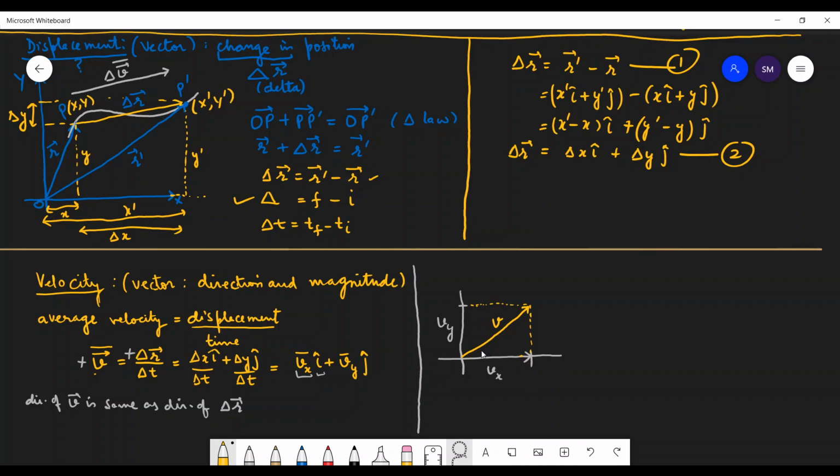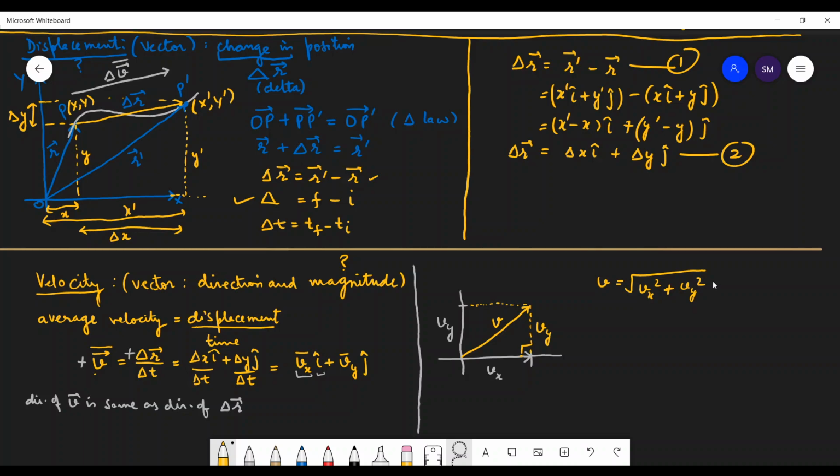I am interested in what the magnitude of V is. We can simply see that this is the hypotenuse of a right angle triangle, with sides Vx and Vy. So the magnitude of the velocity is the hypotenuse, which equals the square root of perpendicular square plus base square, that is, the square root of Vx square plus Vy square.